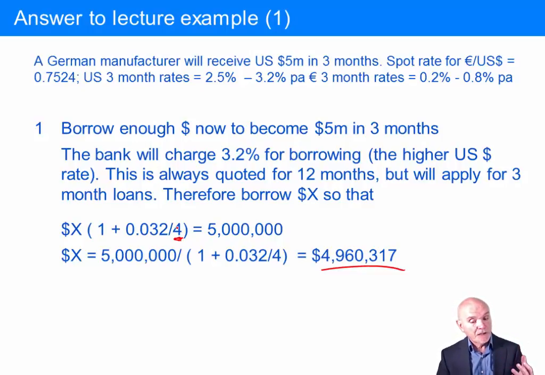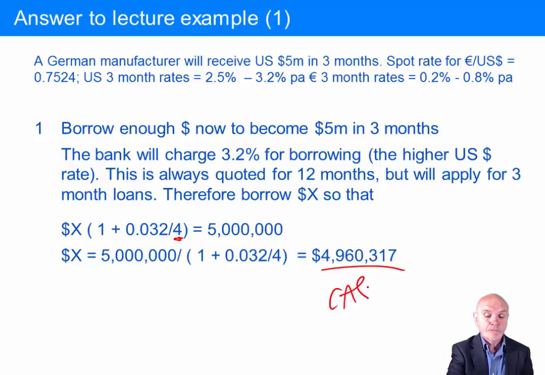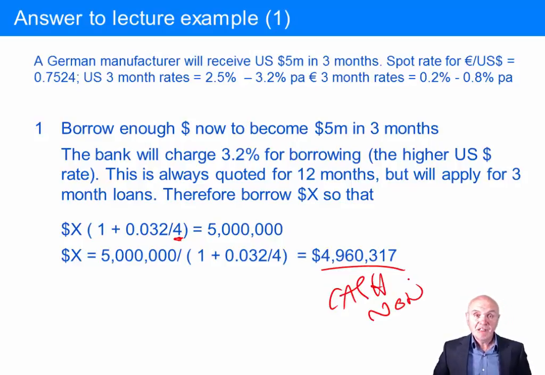This is an overdraft starting at 4.960 million, gradually becoming 5 million, which will soak up the 5 million that comes in. But of course, we have this cash now. The double entry is debit cash in your pocket, credit the loan account of the bank, really.